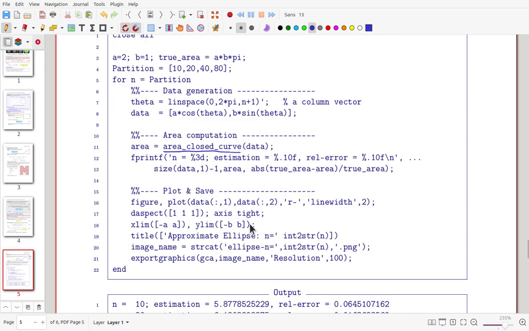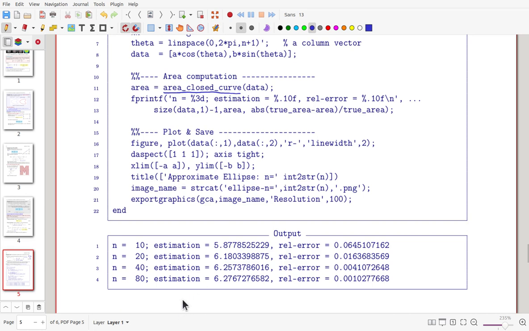Okay. Now you can plot the approximated region, and also you can save. Okay, that's the program. It is not really necessary, but if you want to see the plot, then you can put this portion.